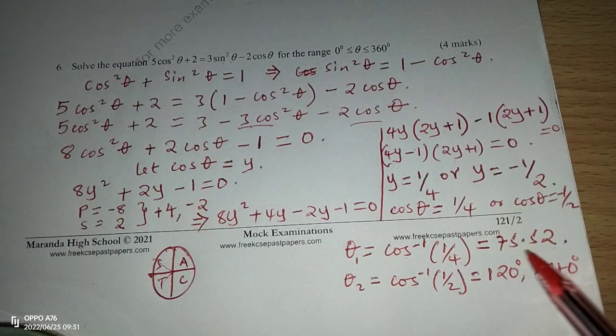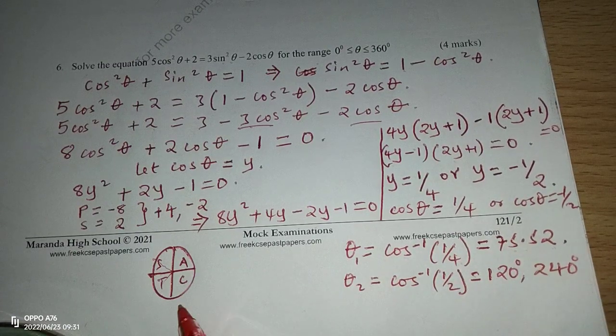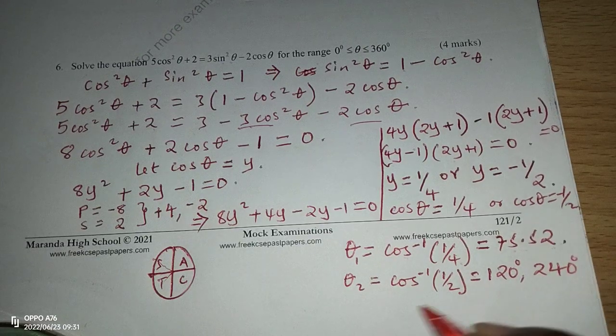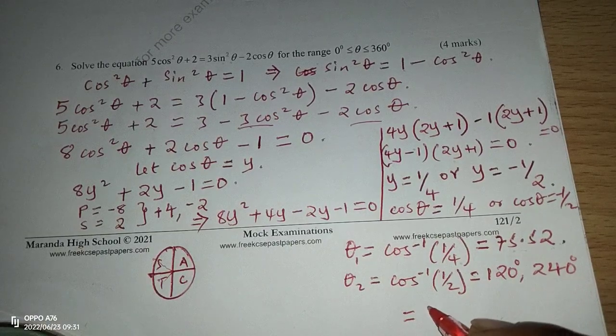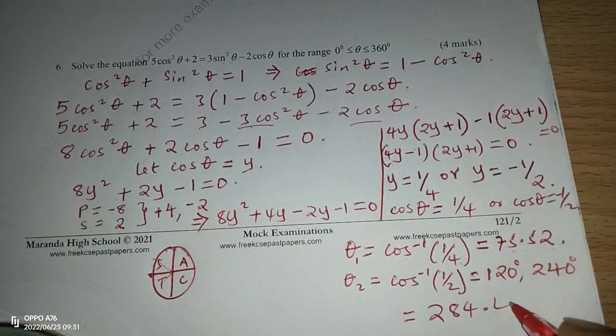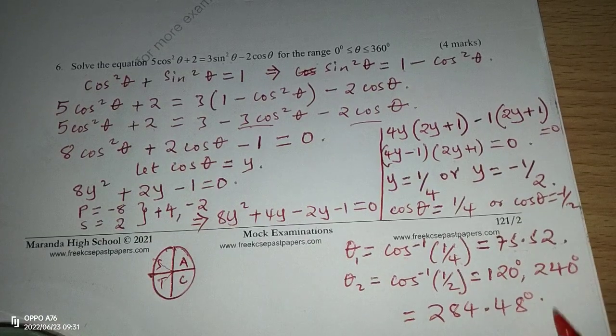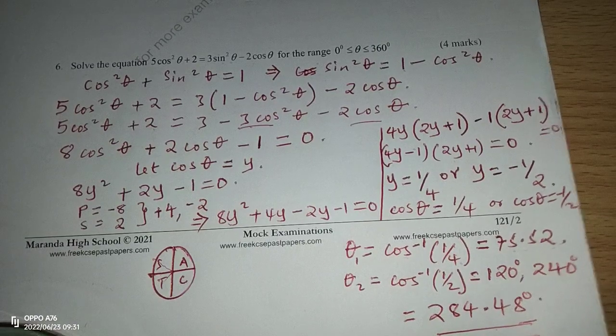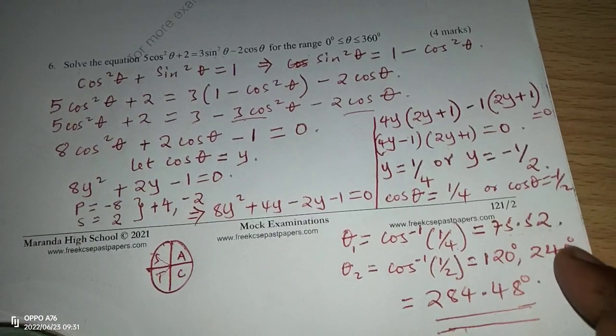Therefore, 75.52 degrees in the fourth quadrant will be 360 minus 75.52, and this will give us 284.48 degrees. So these are the four possible values of angle theta.